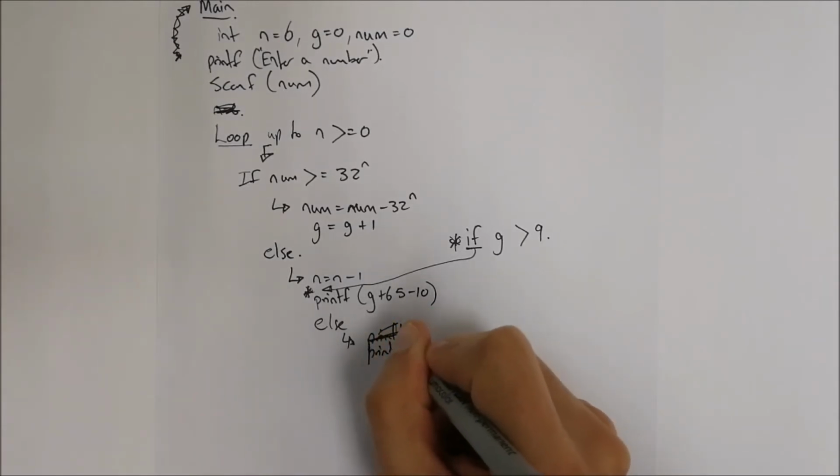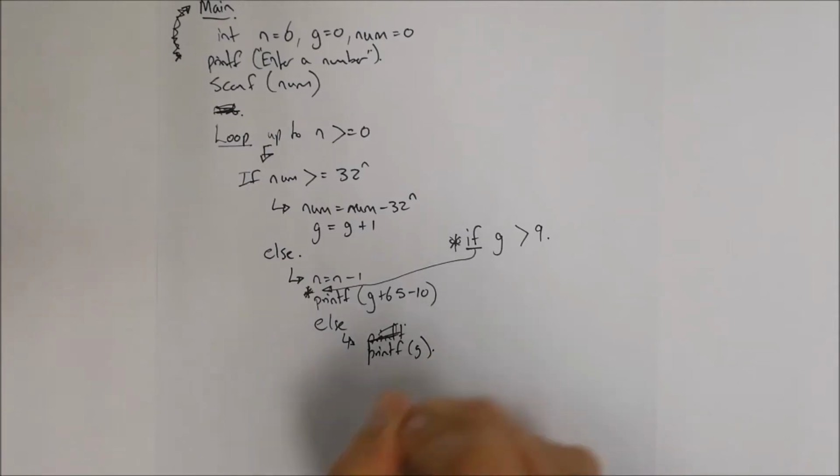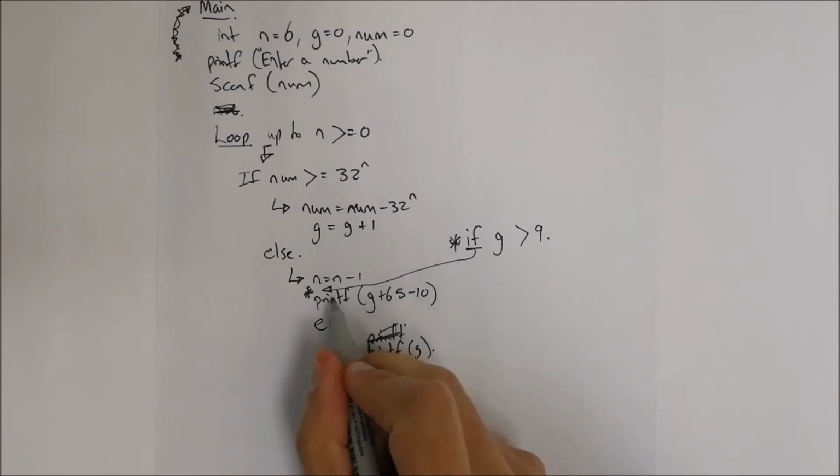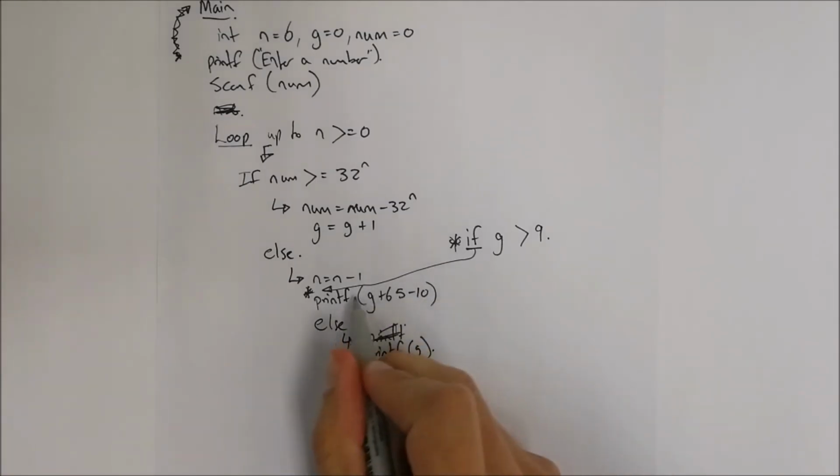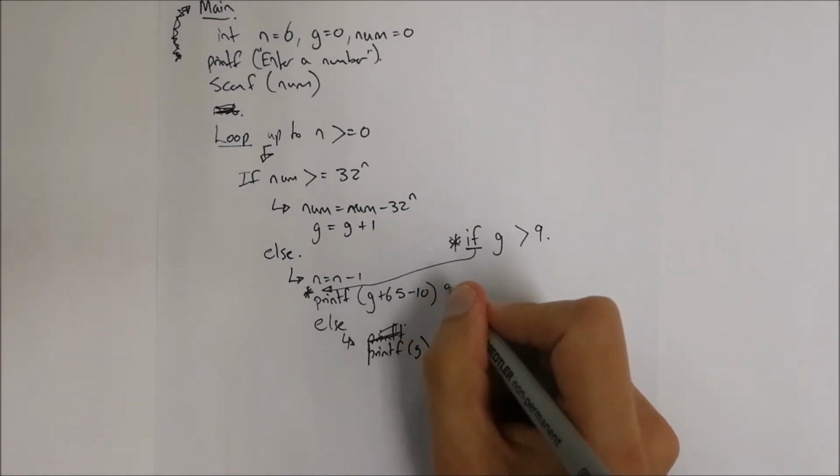Printf g. Okay, so keep in mind, when this printf statement is happening, we've got to consider g to be a character.